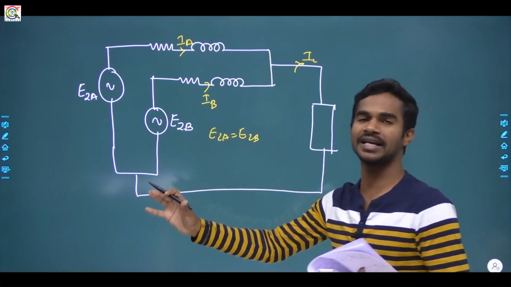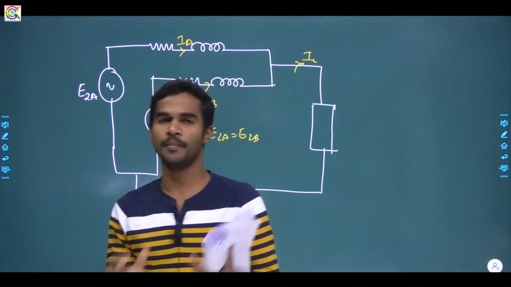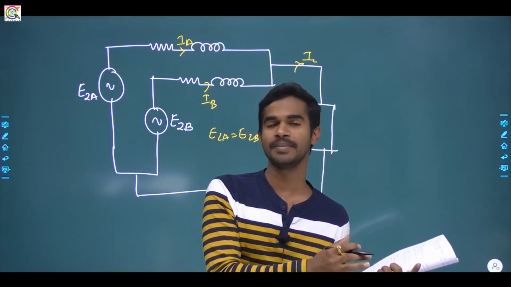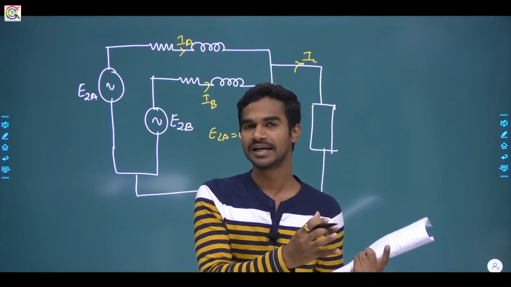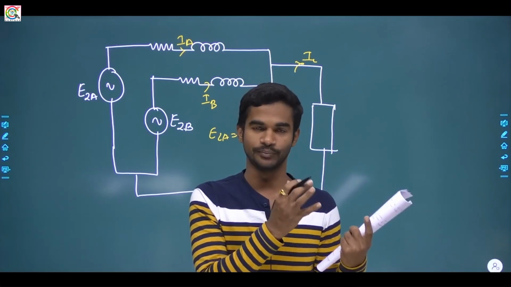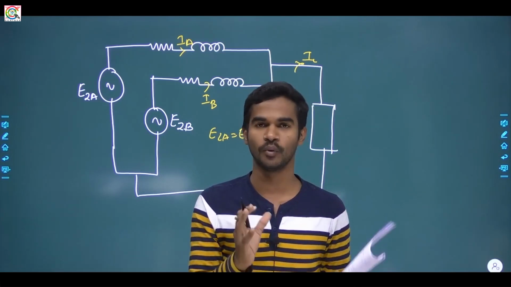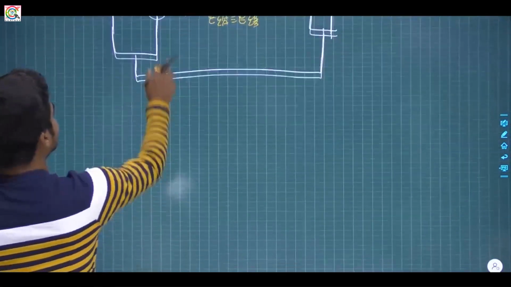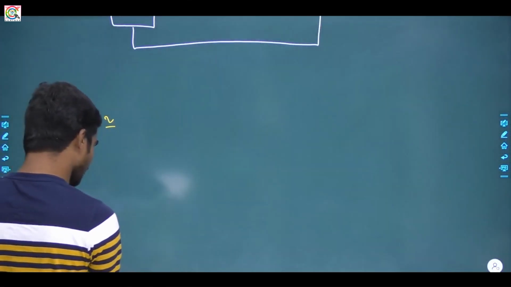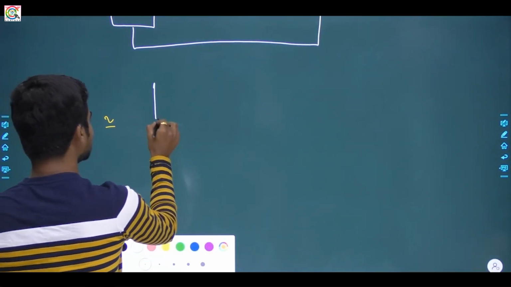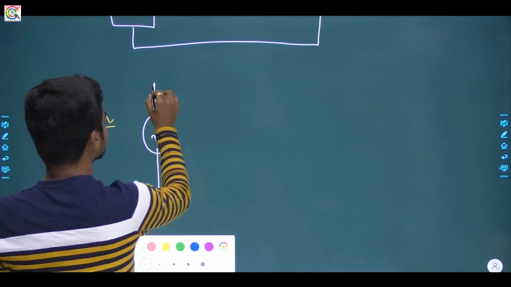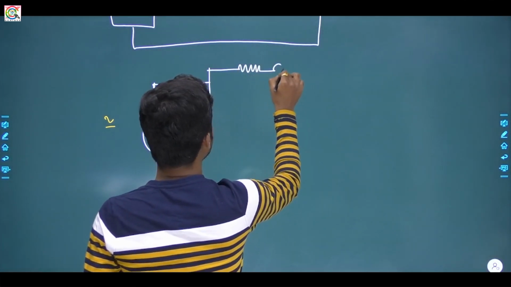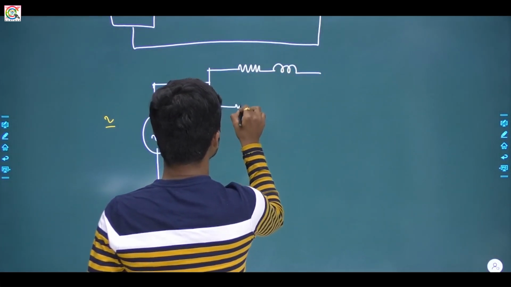So what do we have to do? E2A, that means the voltage ratio must be the same and the transformer voltage rating must be equal. So we can write this equivalent circuit in this form. This one is the voltage source, the equivalent voltage in the secondary side.